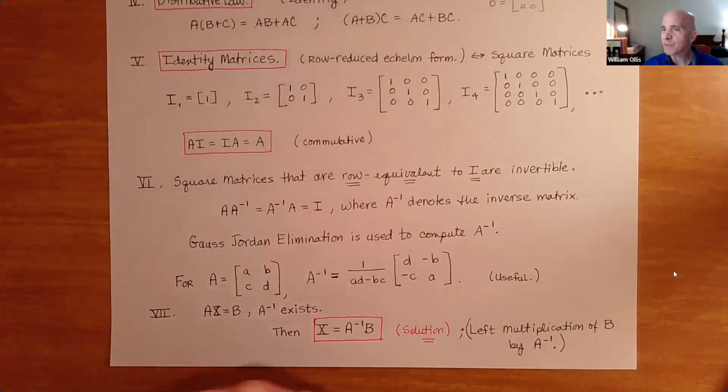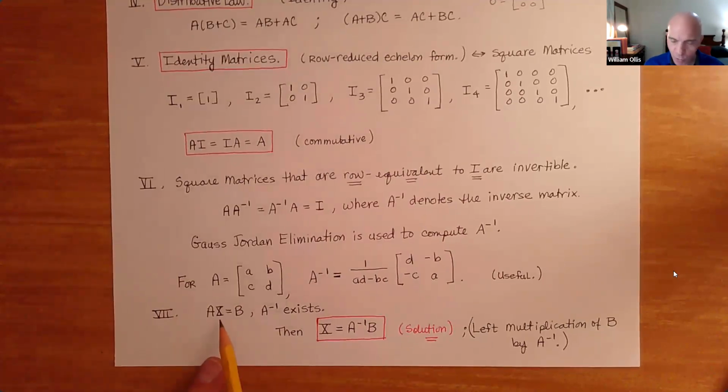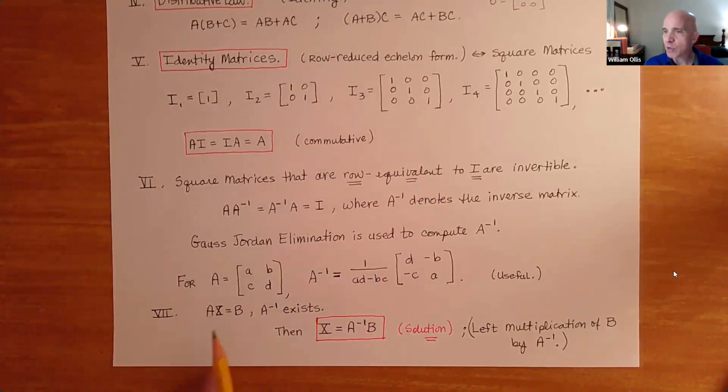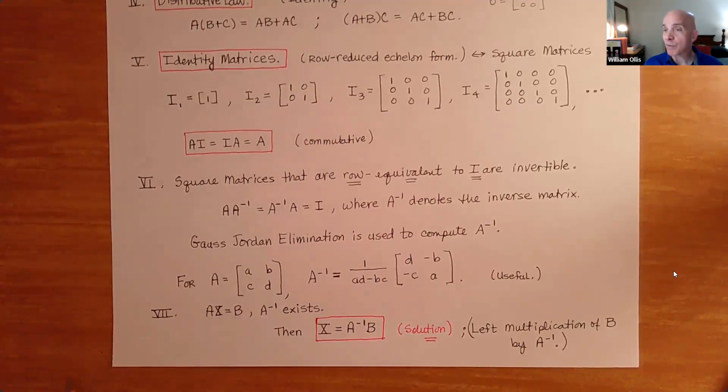So we did not have to carry the variables around. But now, if you think about what we're doing, you can think of the matrix product, that is the matrix of coefficients times the vector of unknowns equals the right-hand side matrix. So you can think of a system of equations as written as a matrix equation.